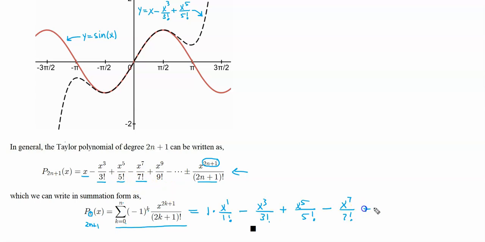And this goes all the way out until k is eventually n. And then you get either a plus or minus here, depending on whether this n is even or odd. So you get plus or minus x to the 2 times n plus 1 over (2n plus 1) factorial. So there you go. You see how this summation is generating this Taylor polynomial up here of degree 2n plus 1. And that completes this example.